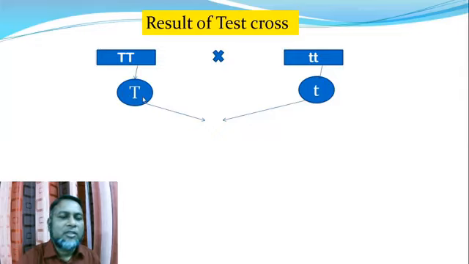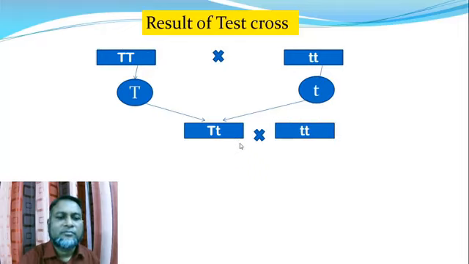When these two gametes are crossed, they produce an offspring with capital T and small t. Capital T small t is now crossed with small t small t. This is called a test cross. This is homozygous recessive, and this is heterozygous. This is the cross between a heterozygous plant and a recessive plant.